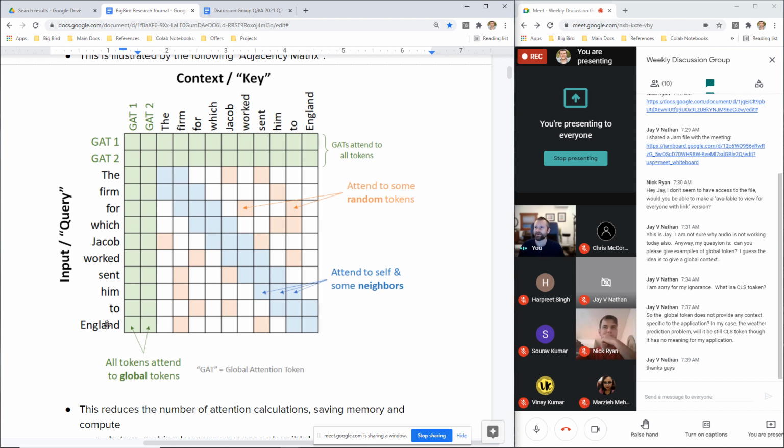So you get these projections. For each token, you get three different vectors: a query, a key, and a value. That step happens first, before any attention calculations are done, and it happens whether you're doing sparse attention or not.